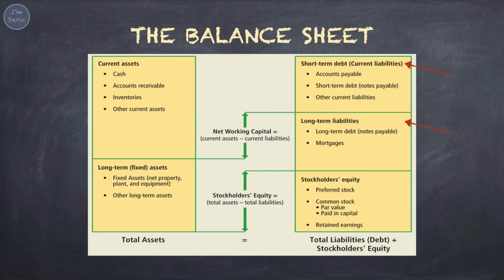Liabilities are the money that a company owes to others, such as creditors, suppliers, tax authorities, and employees. They are the obligations that must be paid under certain conditions and time frames. Current liabilities are the short-term obligations due within 1 year, including accounts payable and short-term debt.